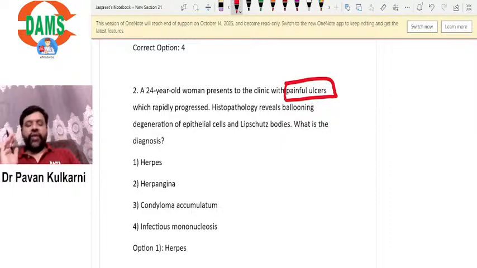Here they have given a history of a painful ulcer, which rapidly progressed. Histopathology revealed ballooning degeneration of the epithelial cells and Lipschutz bodies. All of us know that ballooning degeneration of epithelial cells, or balloon cells, and Lipschutz bodies are typical of herpes.